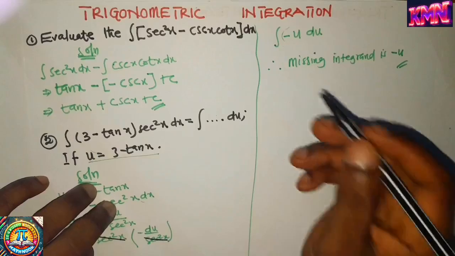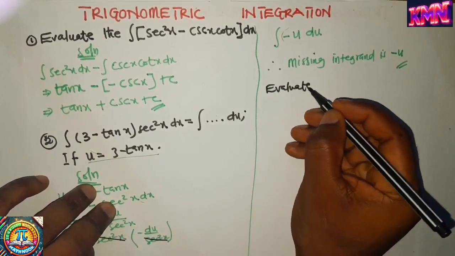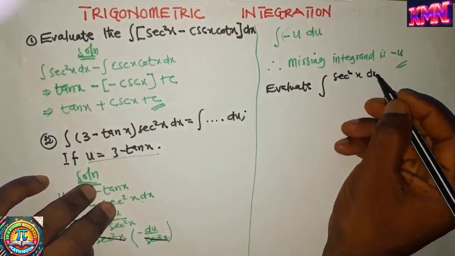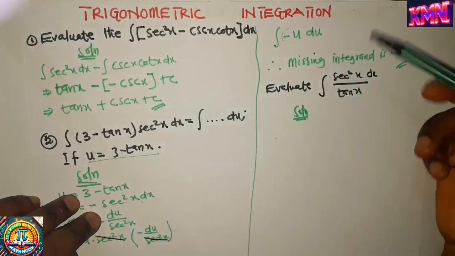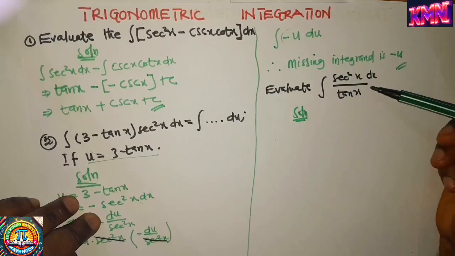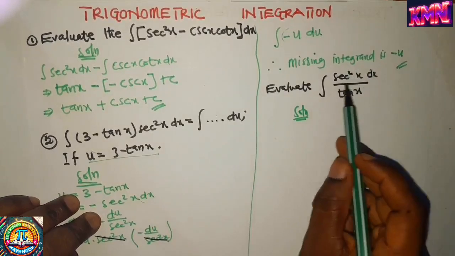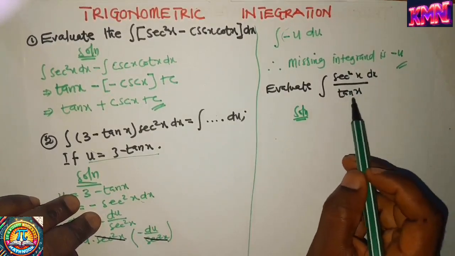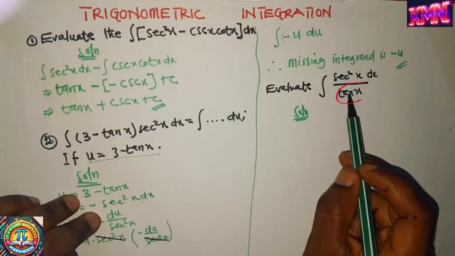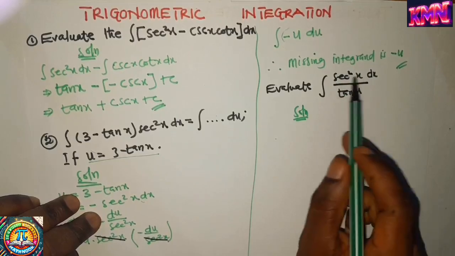Our next problem also says we should evaluate the integral of sec square x dx on tan x, and it is clear that if we let u be tan x and we differentiate tan x, it will produce sec square x, hence we can cancel out to simplify.